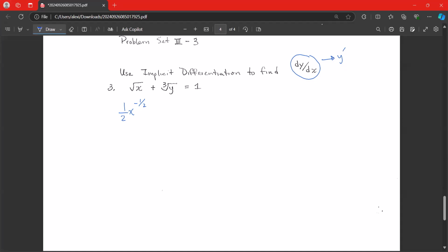And then the derivative of the cube root of y. So let's rewrite it first. This is x to the half plus y to the 1/3 equals 1. All right, so then the derivative is 1/3 y to the negative 2/3 times y prime equals 0.